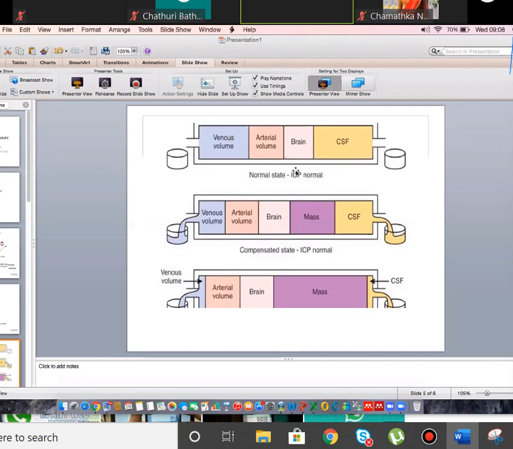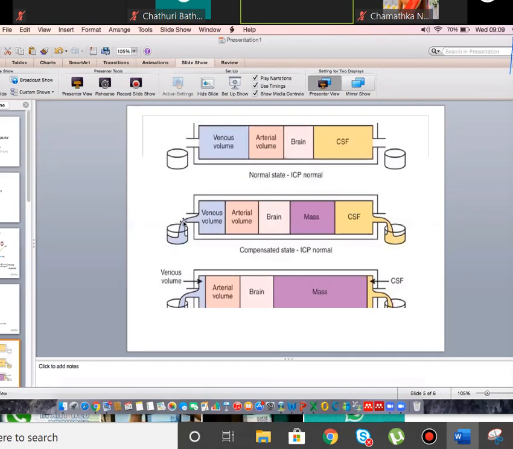So when the intracranial volume rises, as for example in this graph, there's a mass in the second graph, which you can attribute to a blood clot. Say somebody comes who has been assaulted on the head with a pole, and there's a blood clot developing inside the brain. In order to maintain the intracranial pressure, the venous blood and CSF are initially displaced.